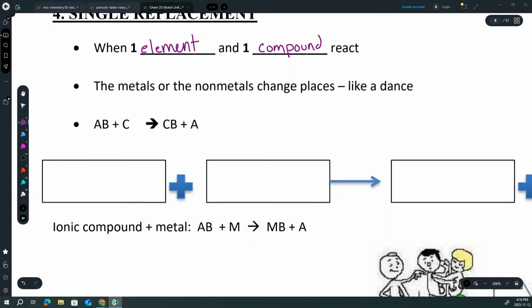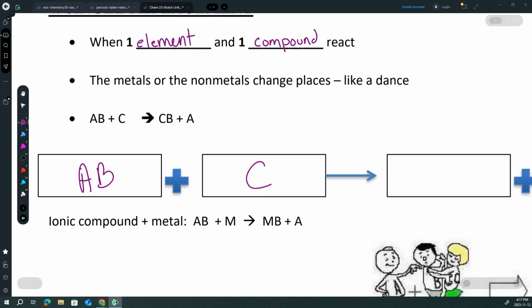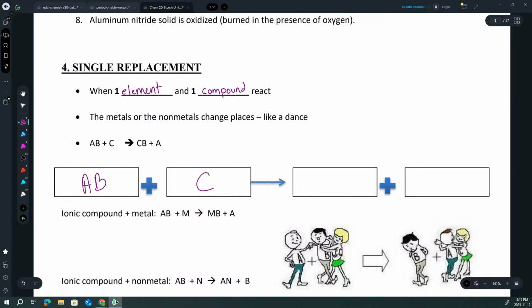For our template for this type of reaction, we have some compound AB reacting with some element C. For this example, we will say that element C is metallic, or likes to form positively charged ions.